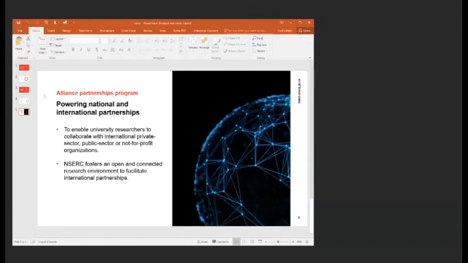The first one is to enable university researchers to collaborate with both national and international colleagues. At the national level, we've created something called the Alliance Partnerships Program, where we're funding the joint work of researchers with knowledge users.